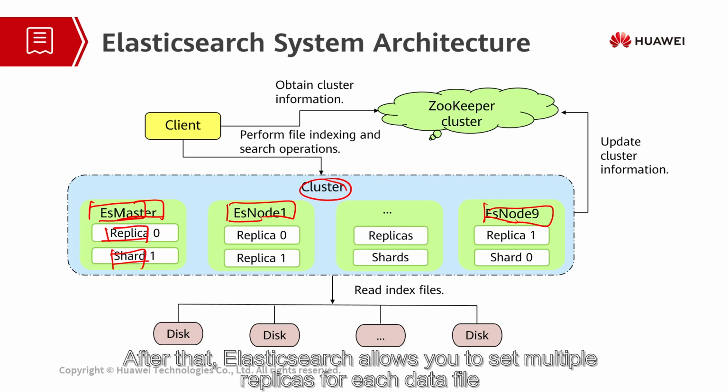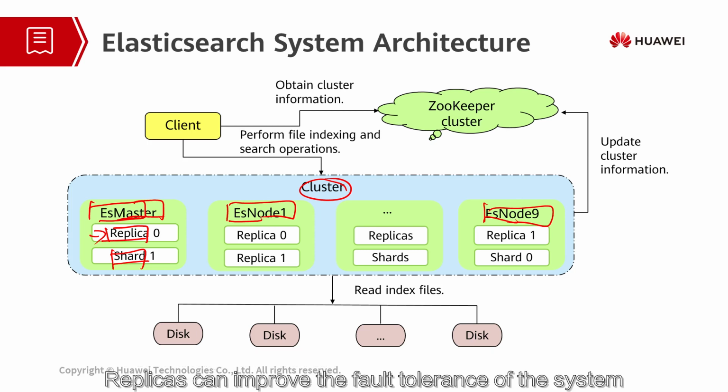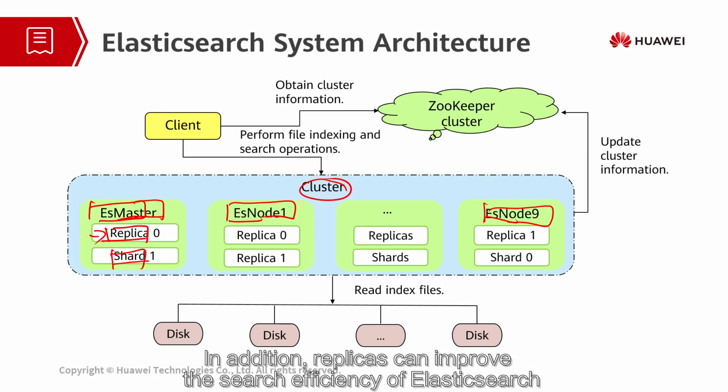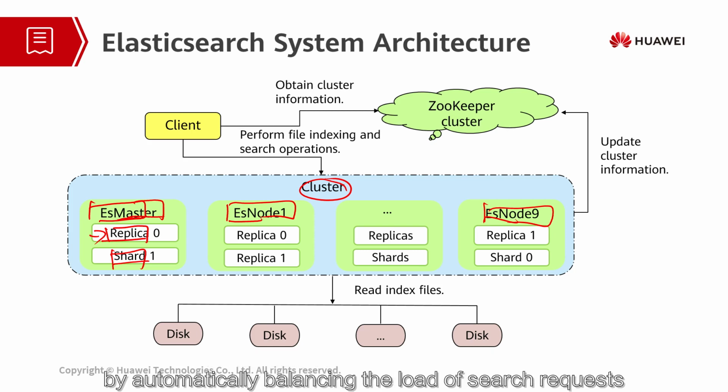After that, Elasticsearch allows you to set multiple replicas for each data file. Replicas can improve the fault tolerance of the system. When a shard on a node is damaged or lost, the data can be recovered from the replicas. In addition, replicas can improve the search efficiency of Elasticsearch by automatically balancing the load of search requests.